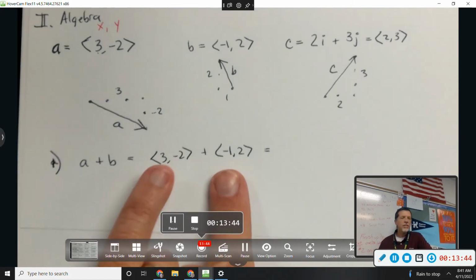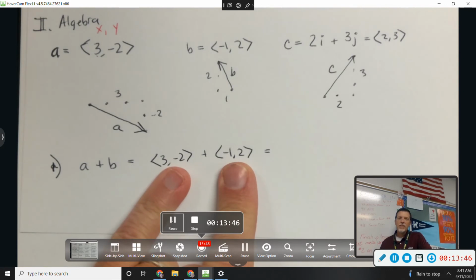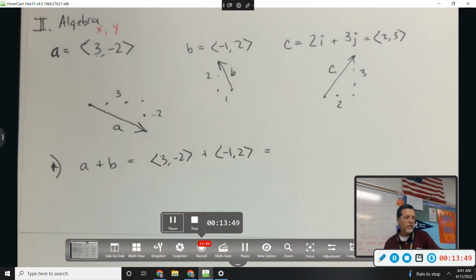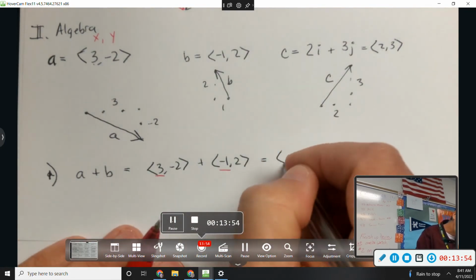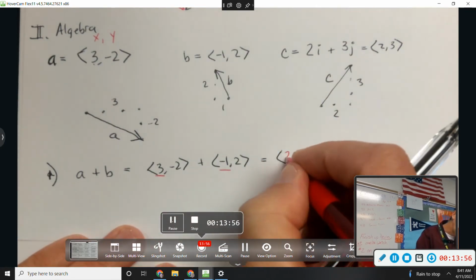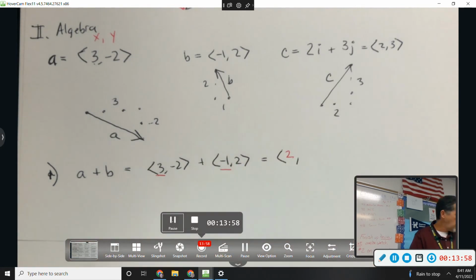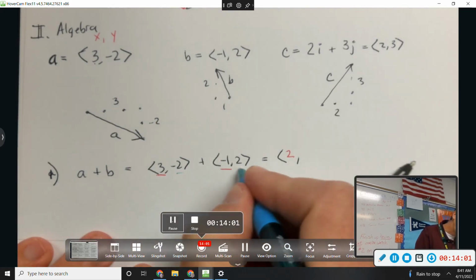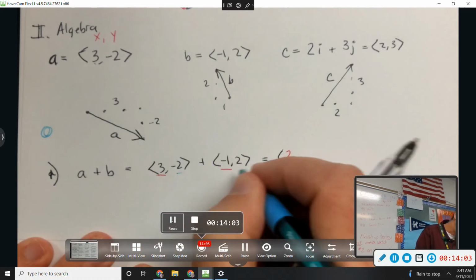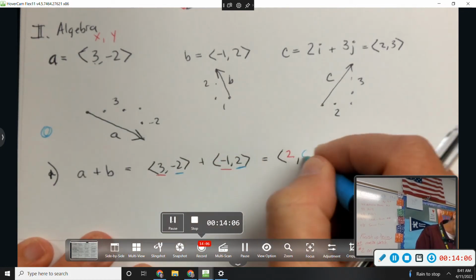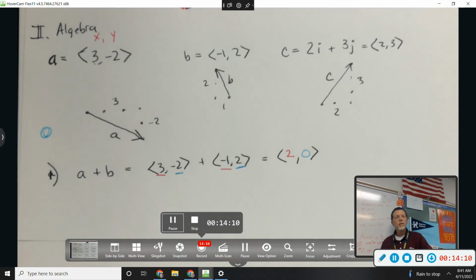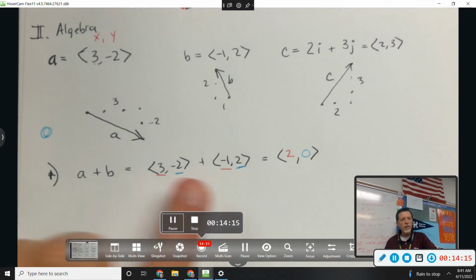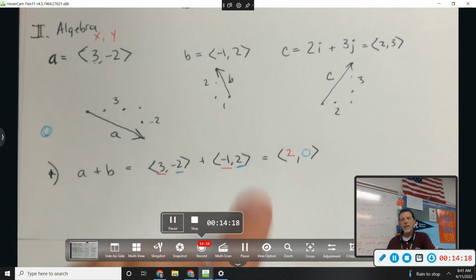But the other reason is these act a lot like matrices. When you add matrices, you add the pieces. So if I add the x pieces, I get 2. And if I add the y pieces, I get 0. So my answer is 2, 0. So we could add A and B graphically with a picture, or we could add it algebraically, add the x's, add the y's.